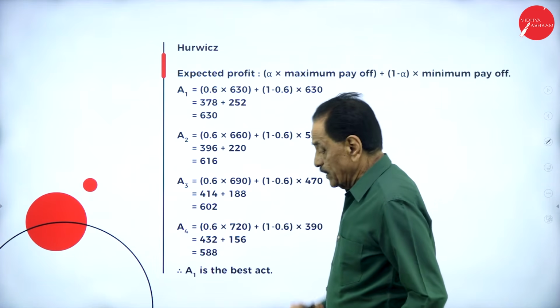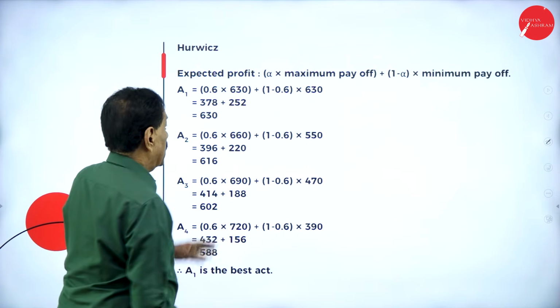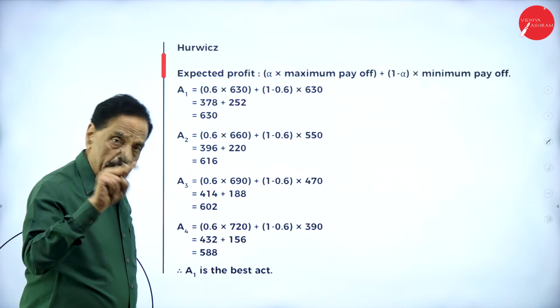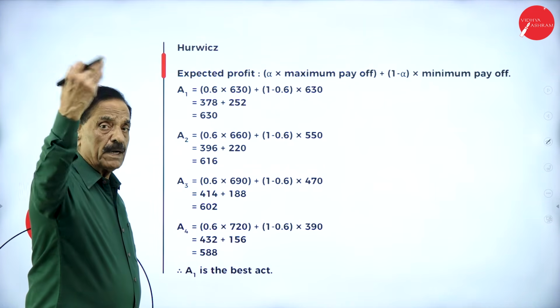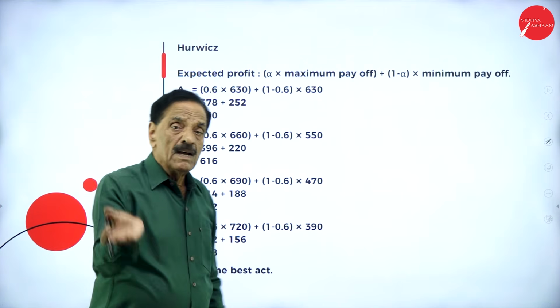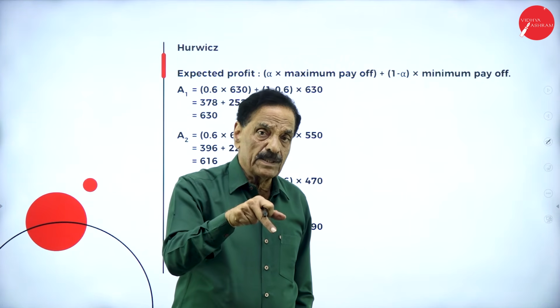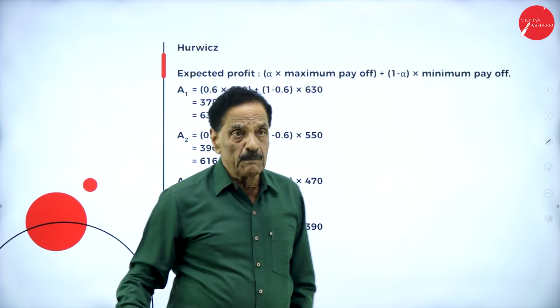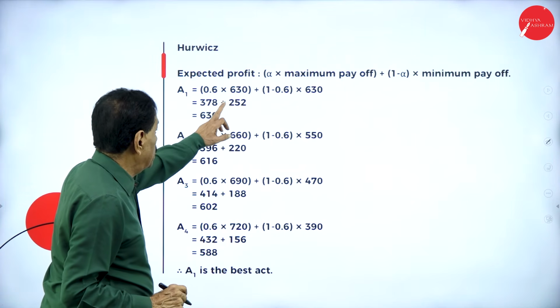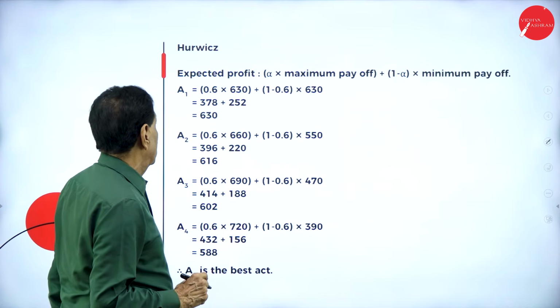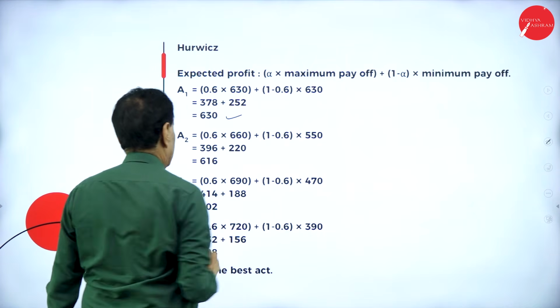Hurwicz's. What's the formula? Expected profit is equal to alpha into maximum payoff plus 1 minus alpha multiplied by minimum payoff. So 0.6 into 630 plus 1 minus 0.6 into 630. So the answer is 630.